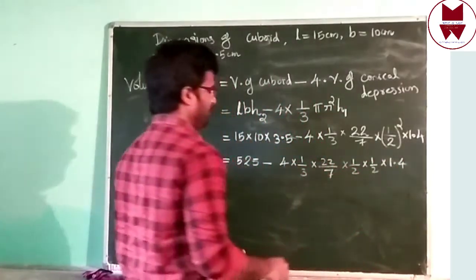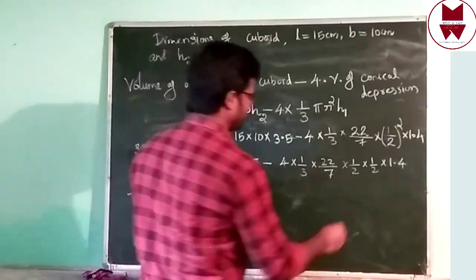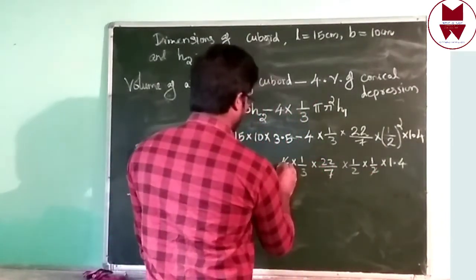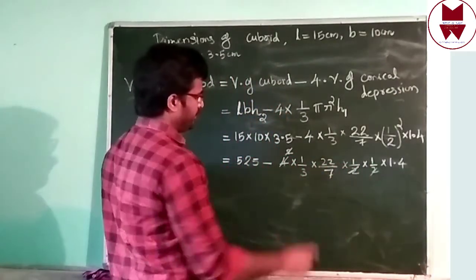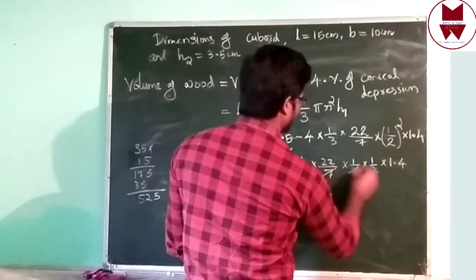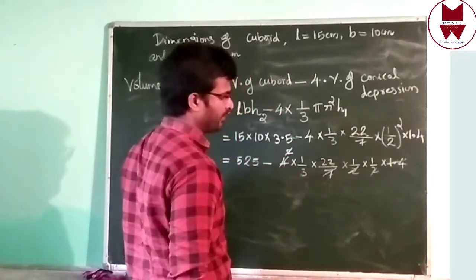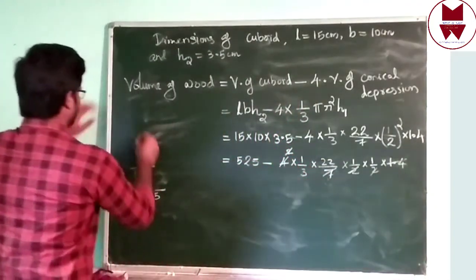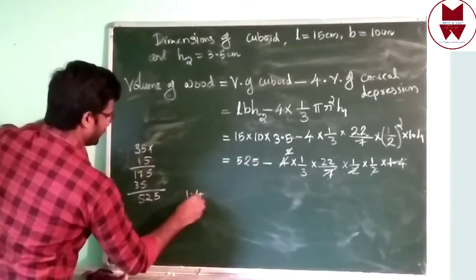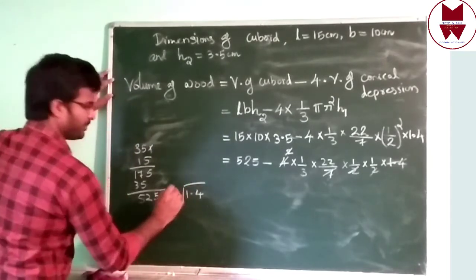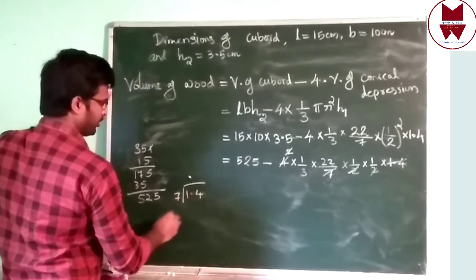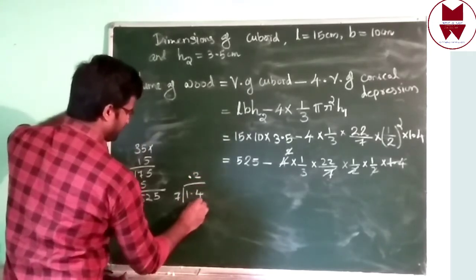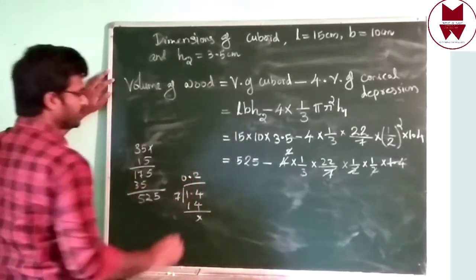Then we can cancel here this 2 and 4, 2 times, again 2 and 2. Then 7 and 1.4. If you are doing 1.4 divided by 7, 1 divided by 7 we cannot, then put a point. Then take 14. In 14, how many times? 2 times. I think we'll get 0.2.